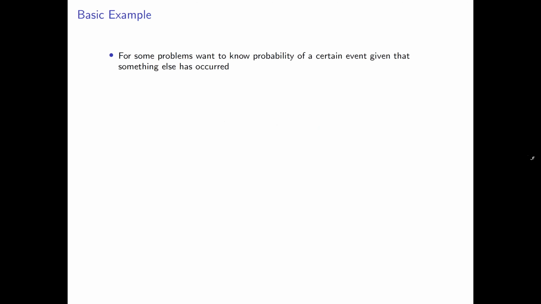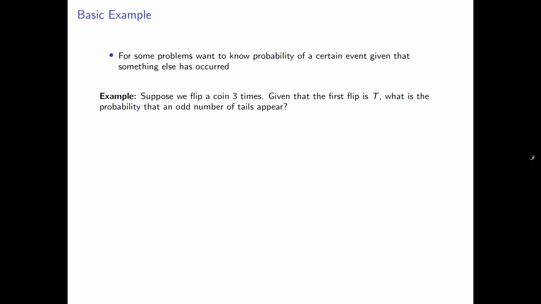Right, and so what is conditional probability? We can begin with a simple example. The basic idea is, for certain problems, we may want to know the probability of an event that occurs given certain information that we already know. A simple example is, let's suppose we flip a coin 3 times in a row, so you're looking at all possible outcomes of flipping a coin heads or tails 3 times.